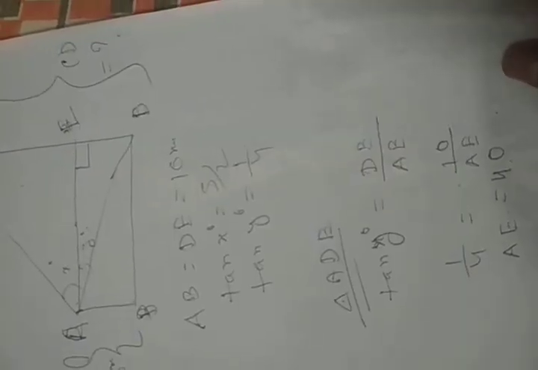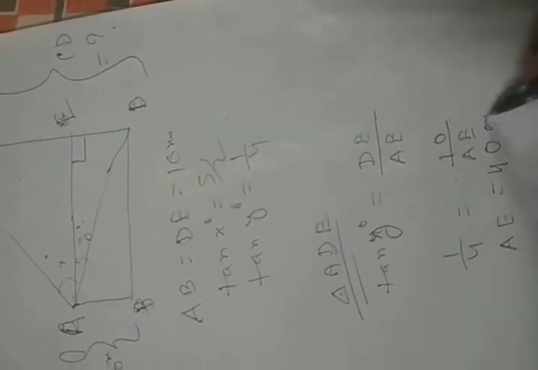So DE is 10, so 10 by AE. So AE equals 10 into 4 equals 40. That means the distance between the window and the tower is 40 meters.